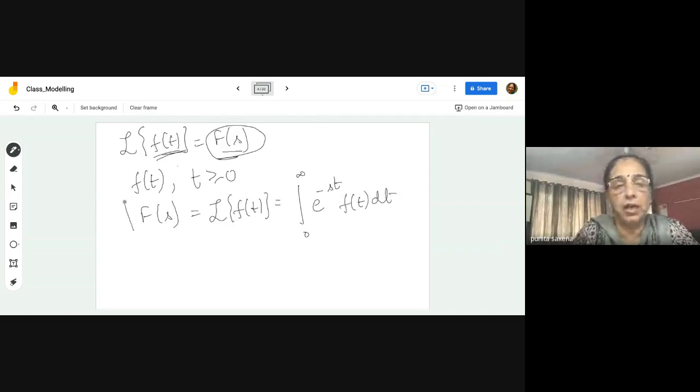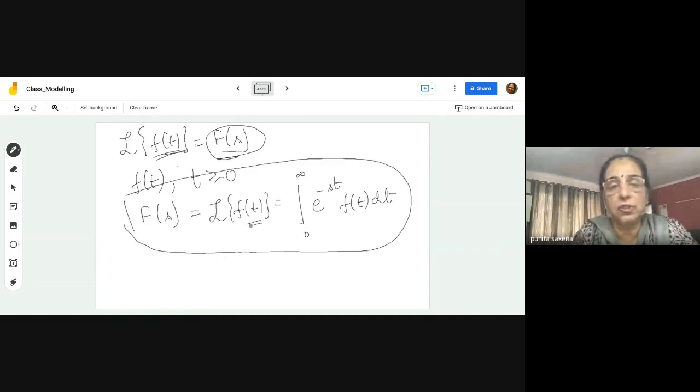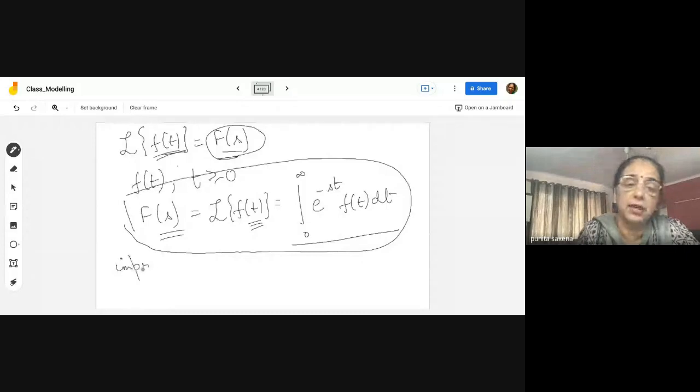This is how the Laplace transform is defined. That means, given any function, to compute the Laplace transform, we have to compute this integral. Now, if you look at this integral, this is an improper integral. I hope you all remember what improper integrals are.